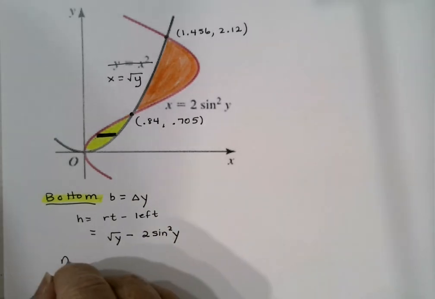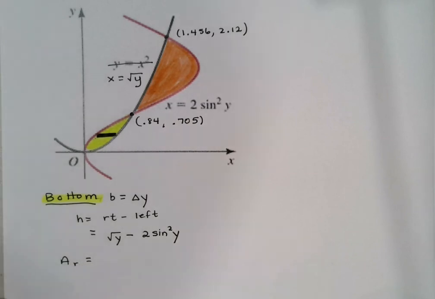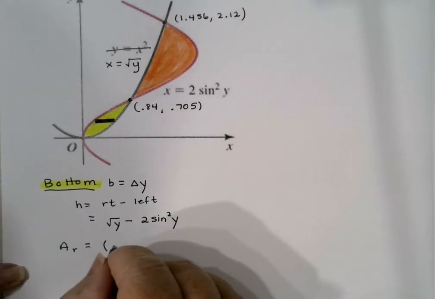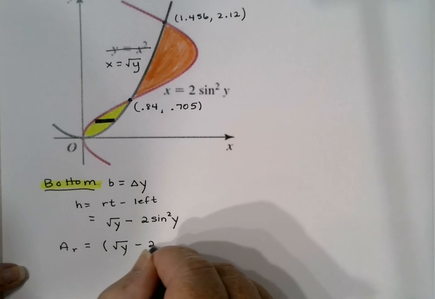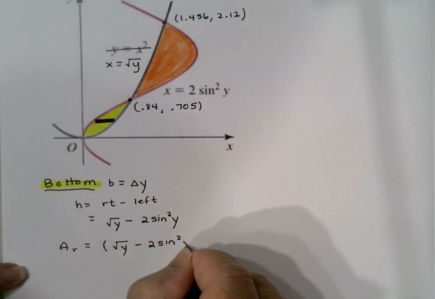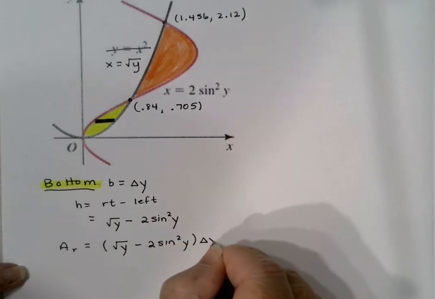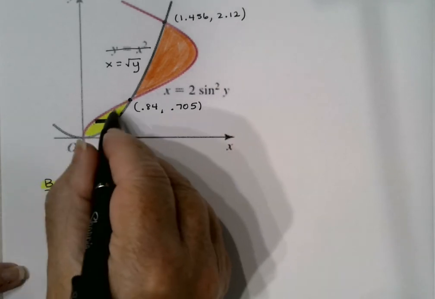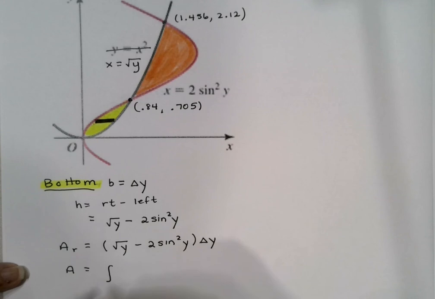So the area of the little rectangle would be base times height. To get the complete area of the region, adding up all those little rectangles is really doing the integral.